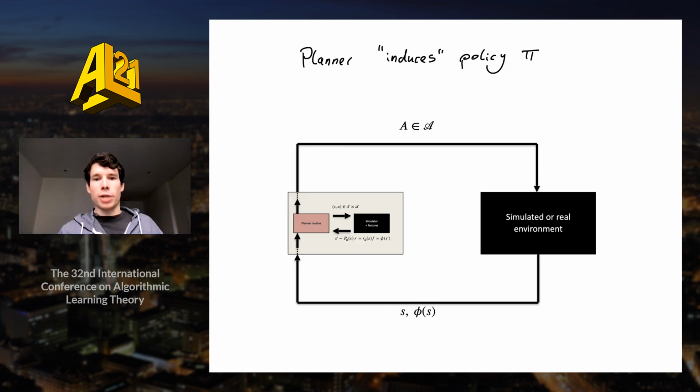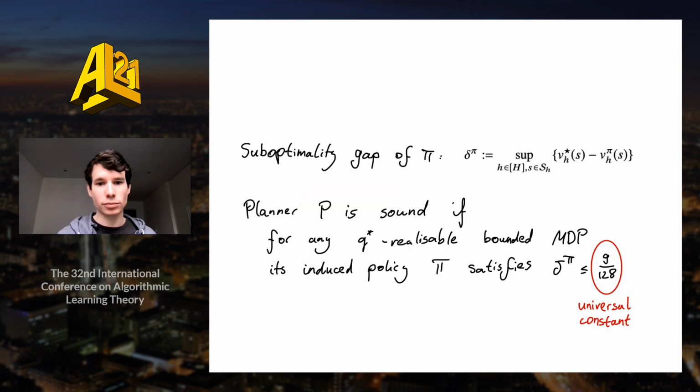So if we use this planner by performing the action it tells us to perform, and then observing the next state and feeding that into the planner and closing the loop in this way, we are then executing a policy, pi, and this is called the planner's induced policy.